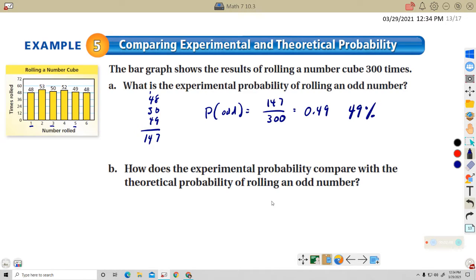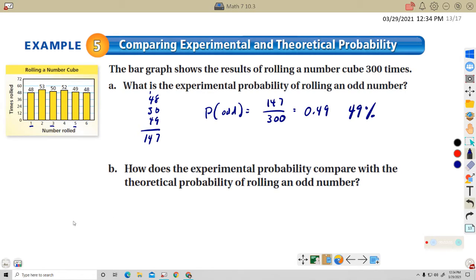Pretty close to half. So how does the experimental probability compare with the theoretical probability of rolling an odd number? In a previous lesson, we learned about theoretical probability.